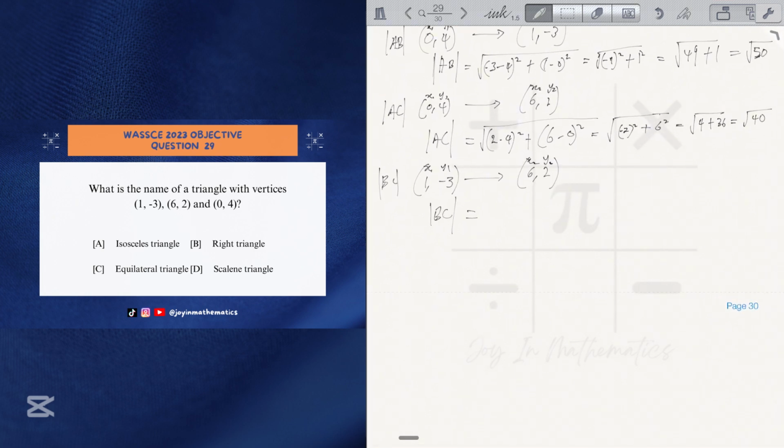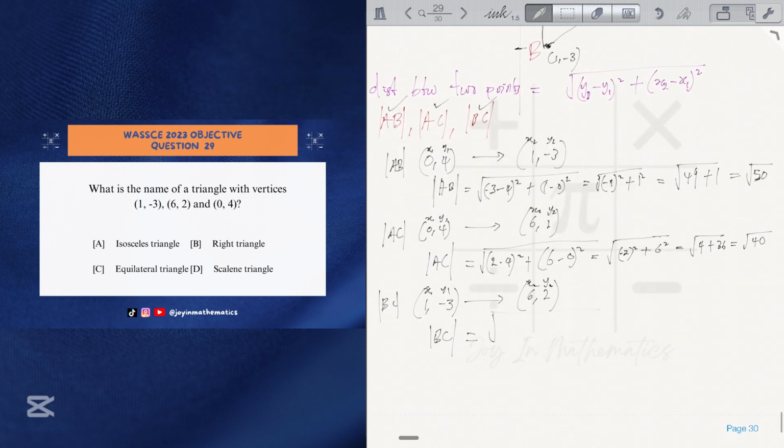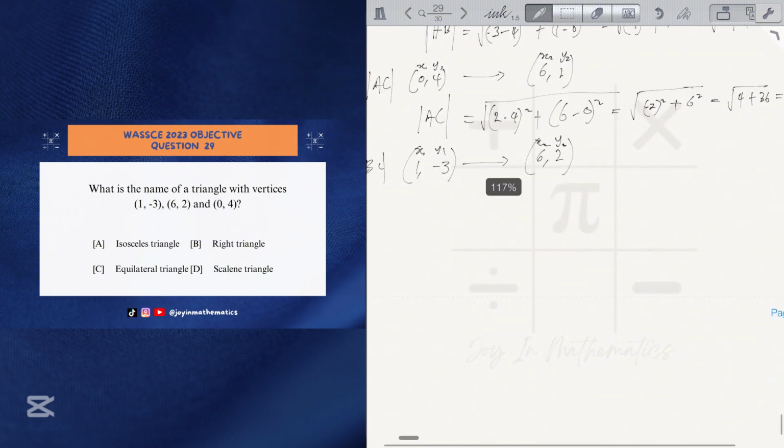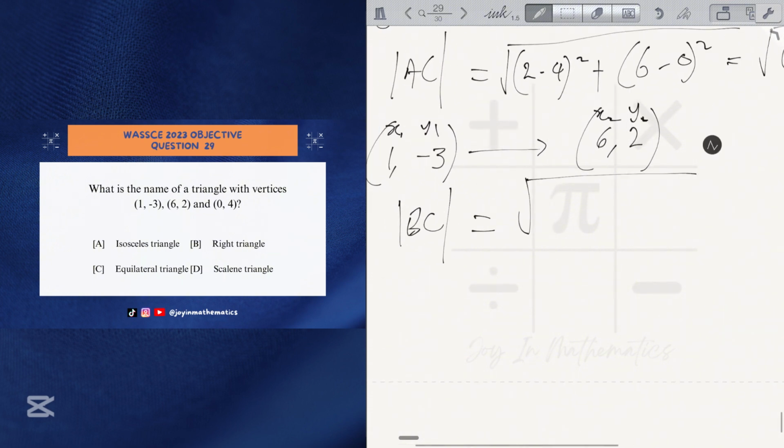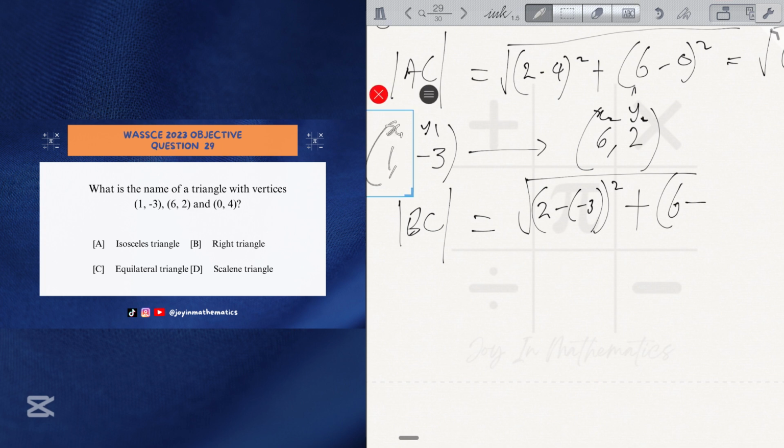Now BC, according to the formula that we are going to apply, y2 minus y1 plus x2 minus x1. In view of that, y2 is 2, y1 is minus 3, all squared, plus x2 is 6, and x1 is 1, squared.